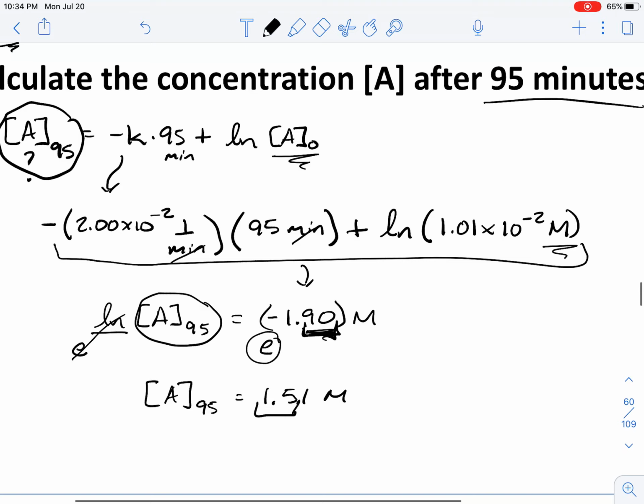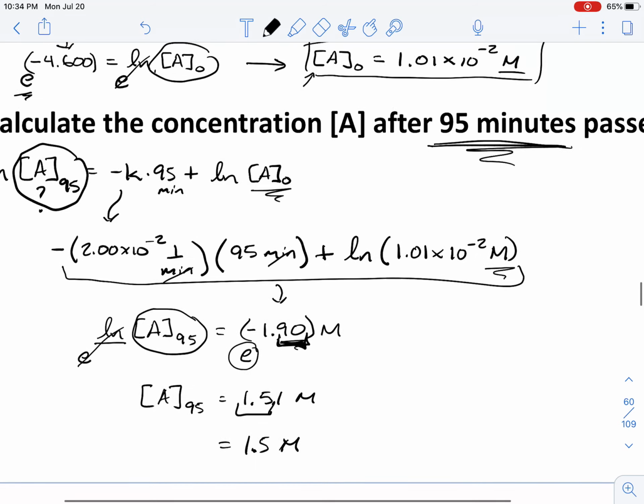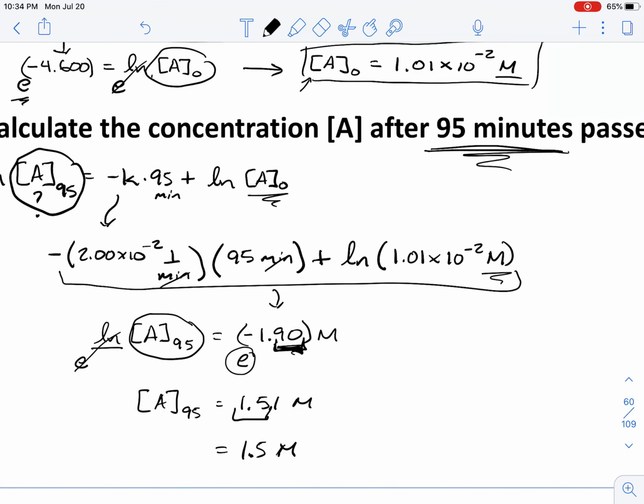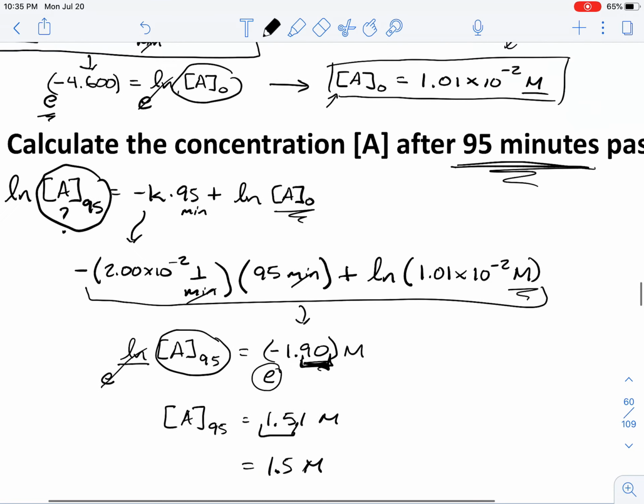And so here, my final answer is going to be 1.5 molar. So after 95 minutes has passed, the concentration of reactant A is going to be 1.5 molar.